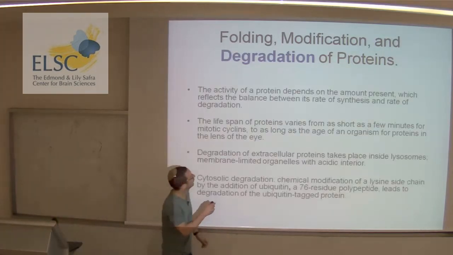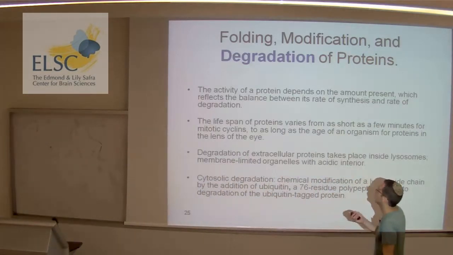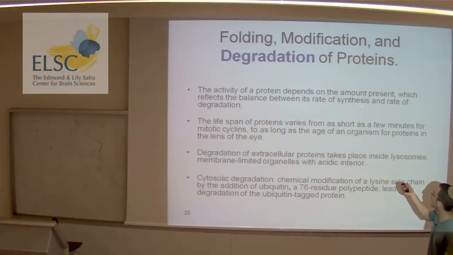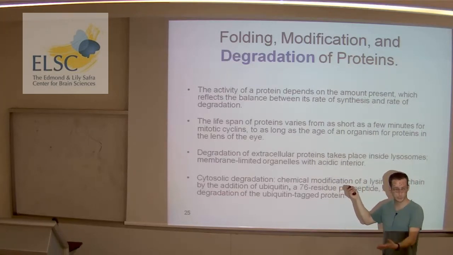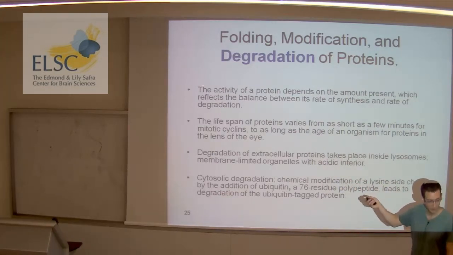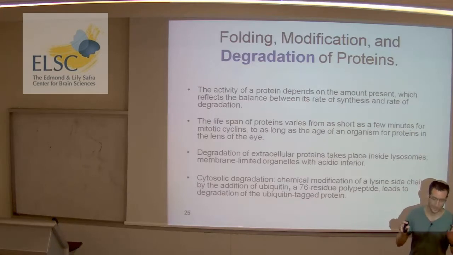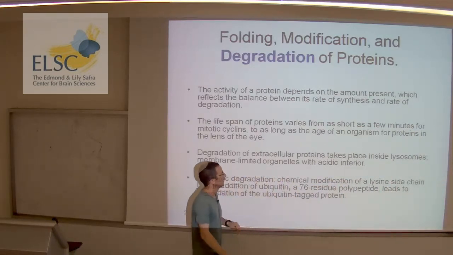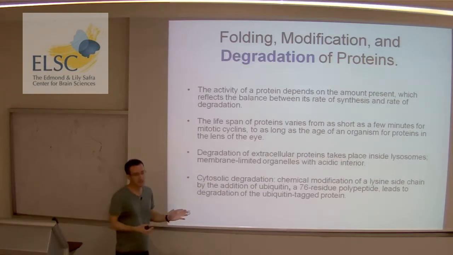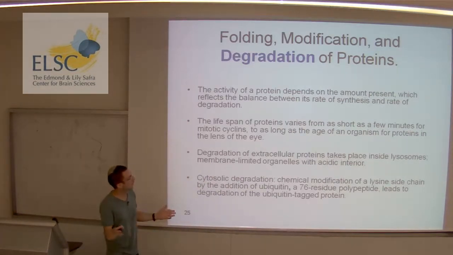The activity of proteins depends on their level, or how many proteins you have in the cell, and this in turn depends on the balance between the rate of synthesis, how much protein you produce, and the rate of degradation, which is a very actively regulated process. Different proteins in the cell have a large variety of life lengths.